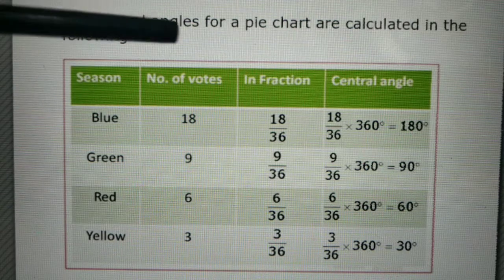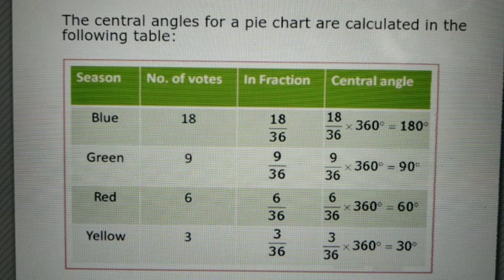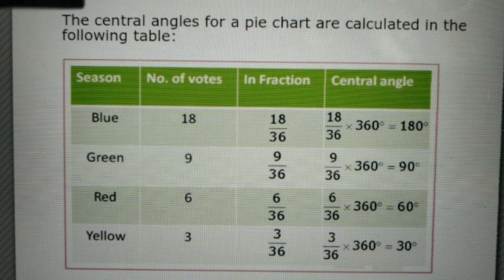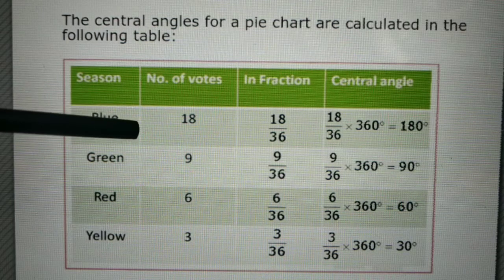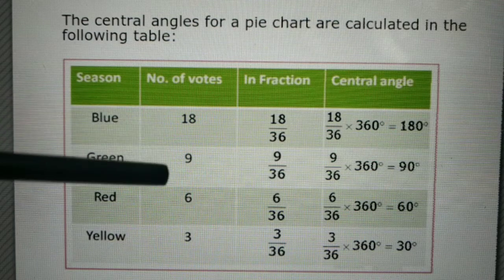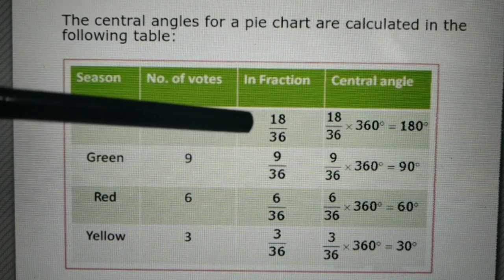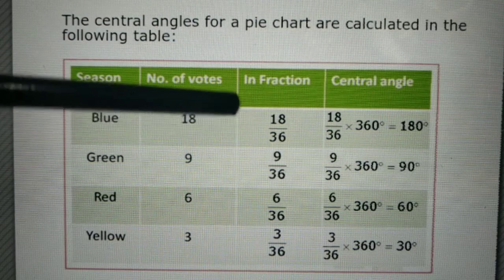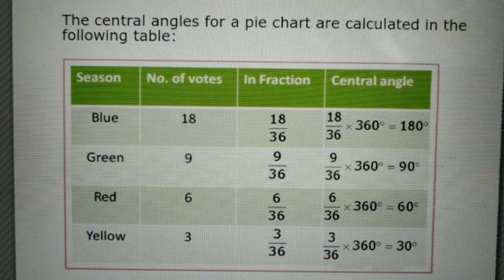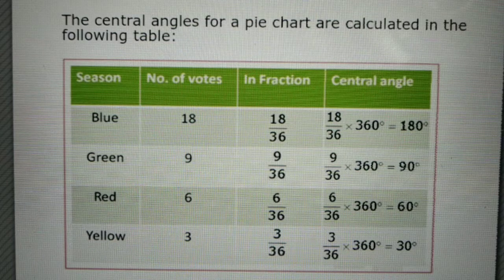How can we change it? First, we have to change them into fractions. How do we find the fractions? The given number of people divided by the total number of people or total number of votes. Here, for the blue color we have 18 people and the total number of people is 36. So we get 18 divided by 36 as the fraction.